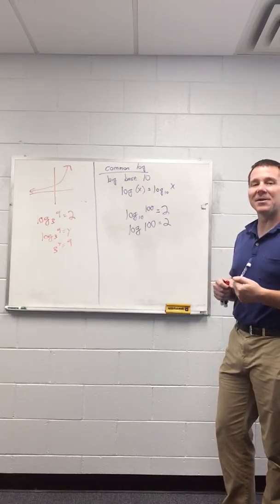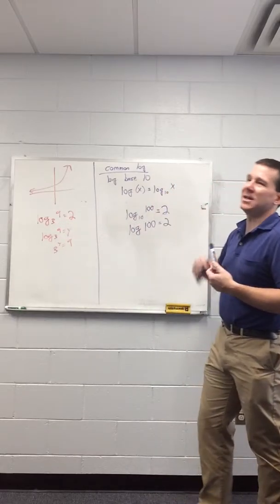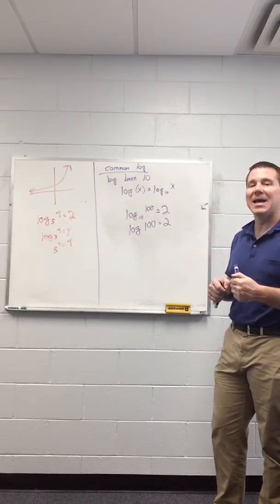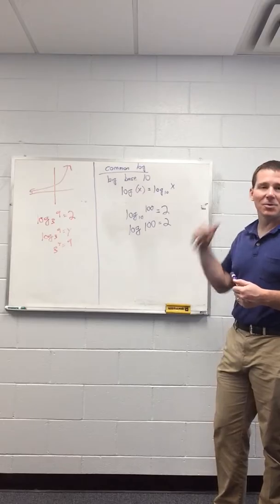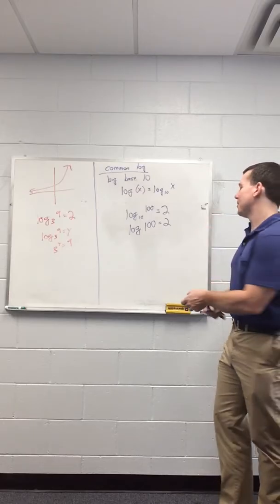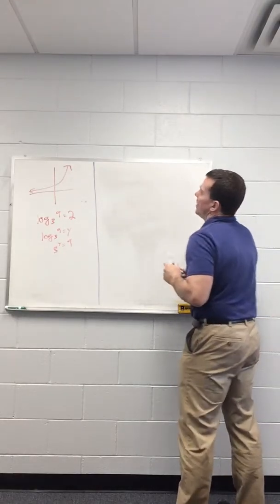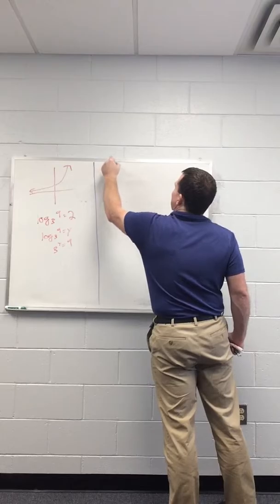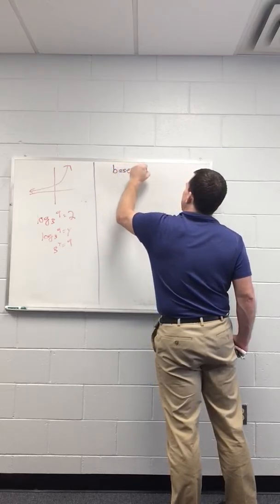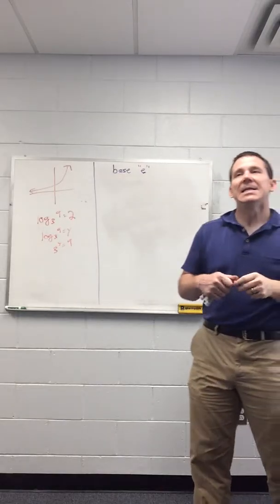Also be aware, as far as the calculator goes, your calculator can't solve problems in base 3 or base 5 or base 7 or base anything other than base 10, which is the common log that we just looked at, and one other base. And that's base e, for the exponential function e.